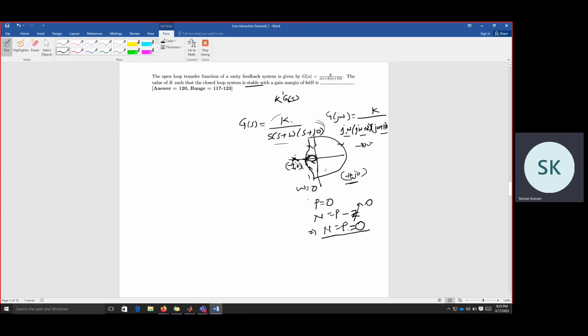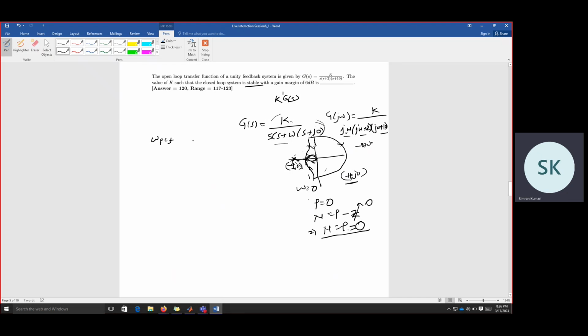That drives the system towards the verge of instability. At least we know that this Nyquist plot does not enclose this point. Now we know that the gain margin is 6 dB, and the plot crosses this point at the phase crossover frequency.